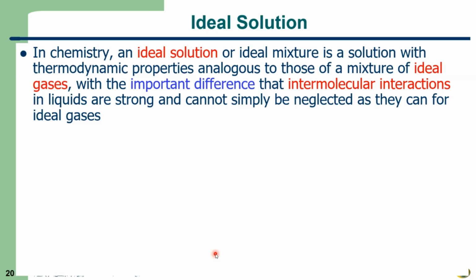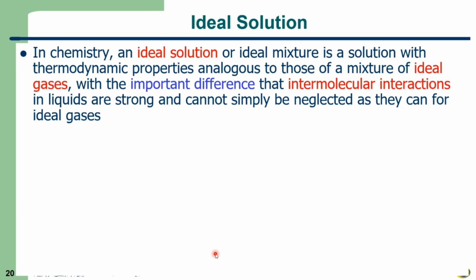In chemistry, an ideal solution or ideal mixture is a solution with thermodynamic properties analogous to those of a mixture of ideal gases. The important difference is that the intermolecular interactions in liquids are strong and cannot simply be neglected as they can for ideal gases.